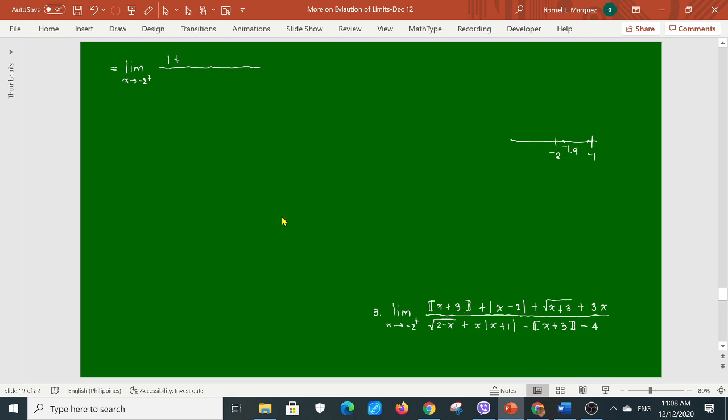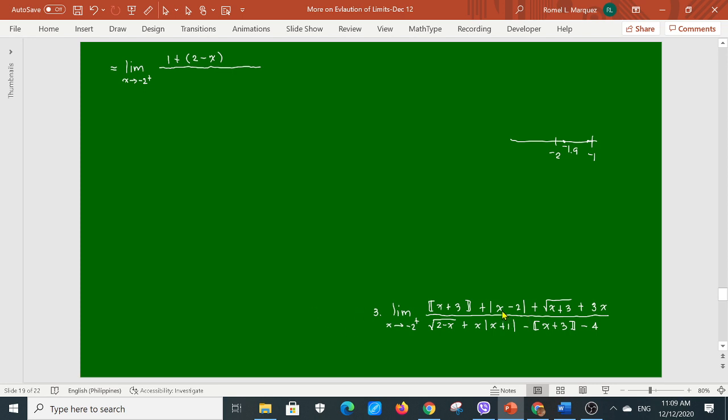So the absolute value is what? It is 2 minus x, no? Because we want it to be always positive. So, to the right of negative 2, 2 minus x is always positive. So the absolute value of x minus 2 is 2 minus x. Okay?